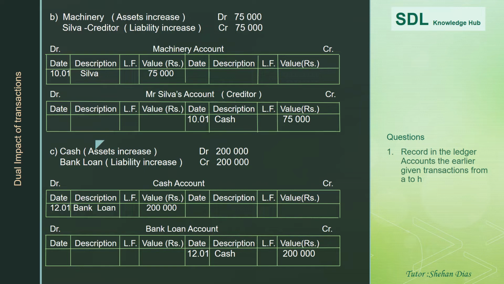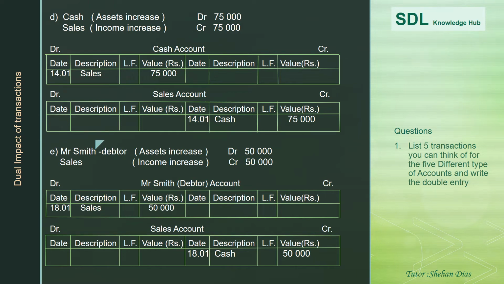So cash asset increases by 200,000, debit, and bank loan liability increases 200,000, credit, based on the double entry principle. So we need to draw the bank loan account and credit it for 200,000 and also debit the cash account for 200,000.